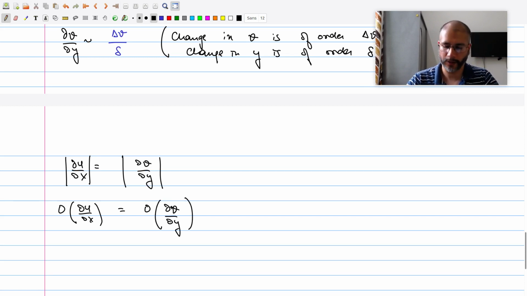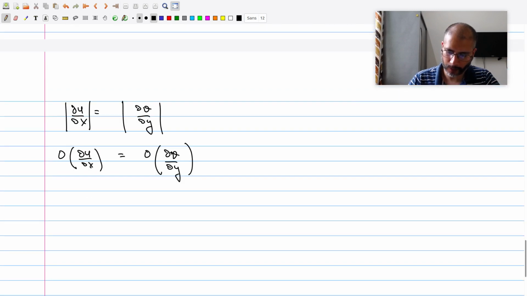If they are equal, then of course their order has to be the same. The order of del u by del x was u infinity upon L, and the order of del v by del y was delta v upon the boundary layer thickness delta.